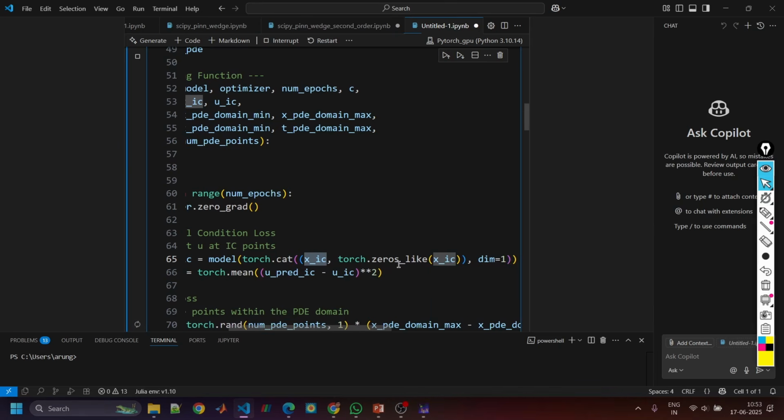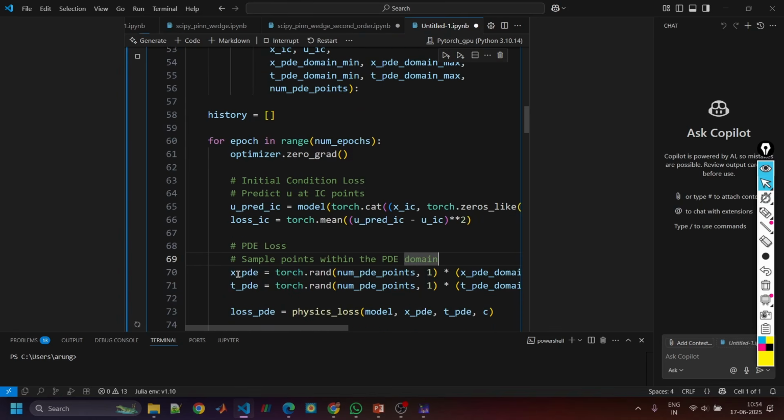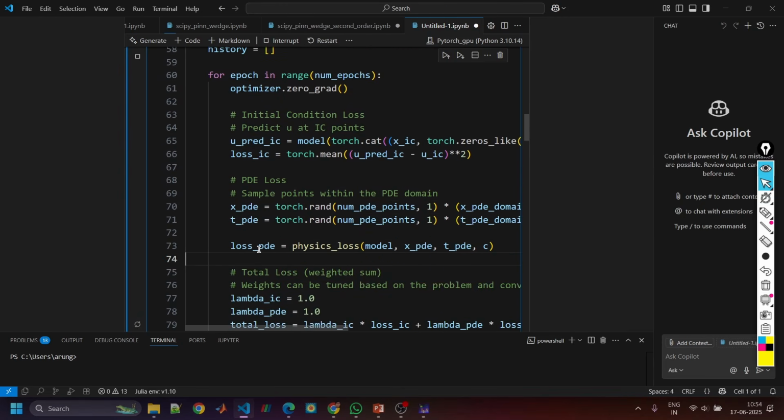Here they have specified xc, the collocation points in space, and 0 here. They have made the 0 with the dimension of xic. Then they calculate the initial loss using this one.